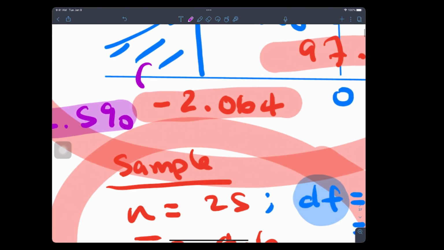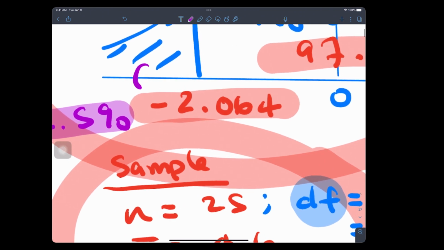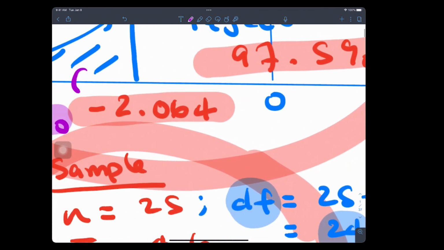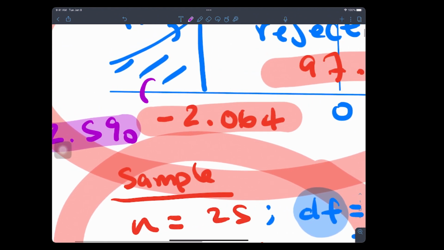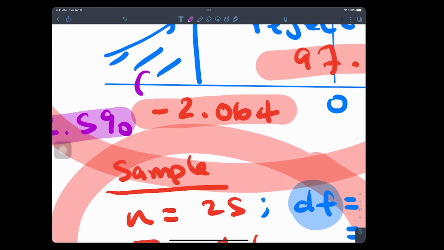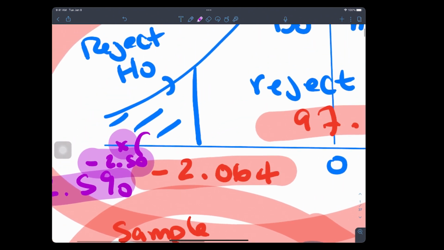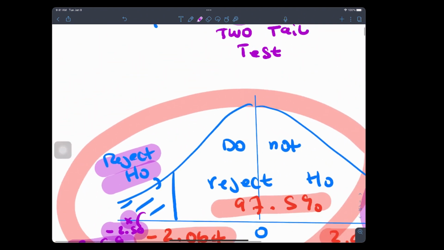Is that to the left of your critical value, or is it to the right of the critical value? It's to the left. Okay, it's to the left. What neighborhood is that in? You're going to reject the what? The null. This is by the classical method. You reject the null.